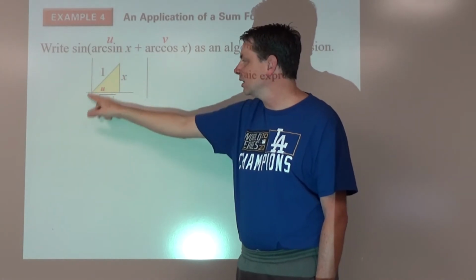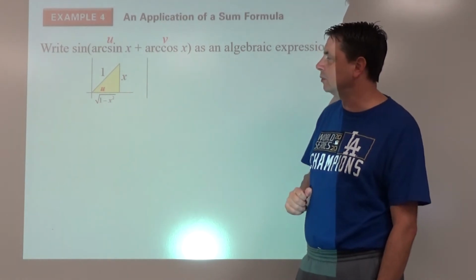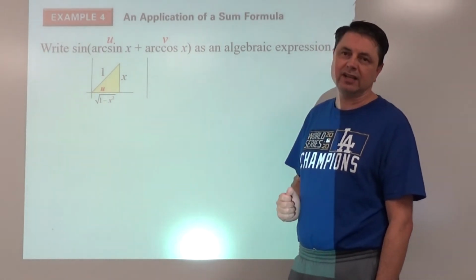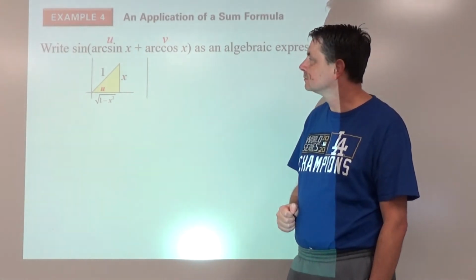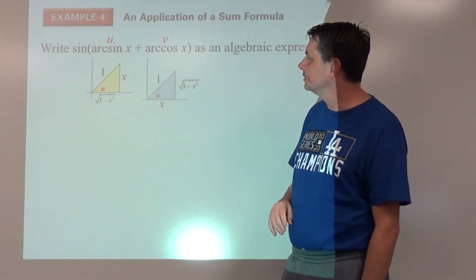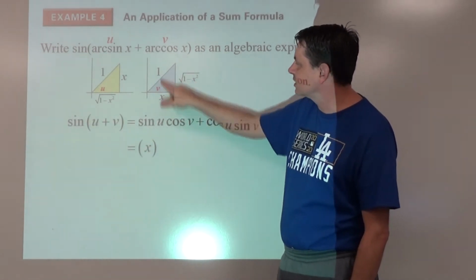By the Pythagorean theorem, we would find out that adjacent is going to be the square root of 1 minus x squared. No, you can't simplify that. No, it's not 1 minus x. And then for angle v, pretty much same idea, same Pythagorean theorem work, just x right there.